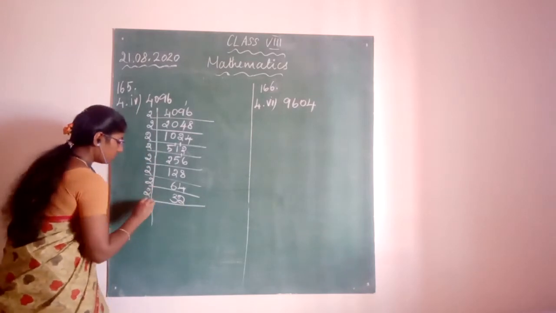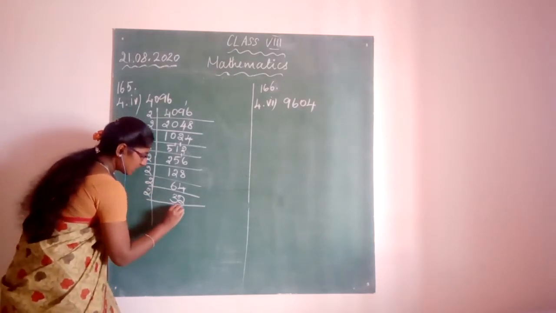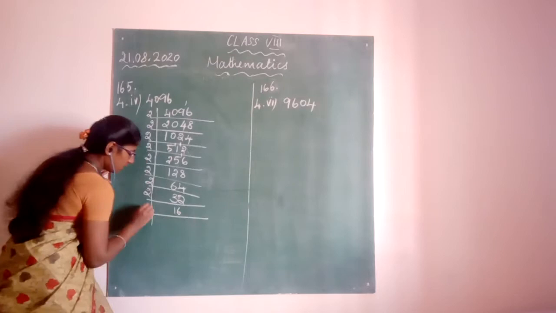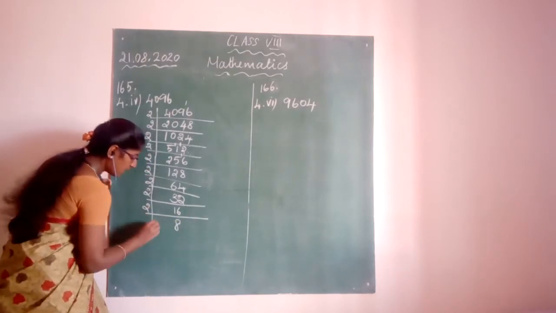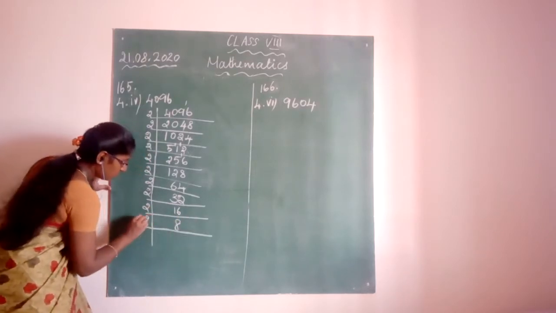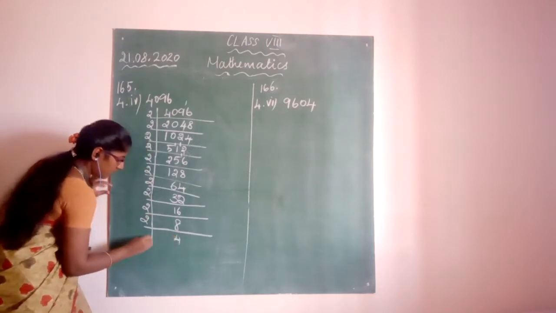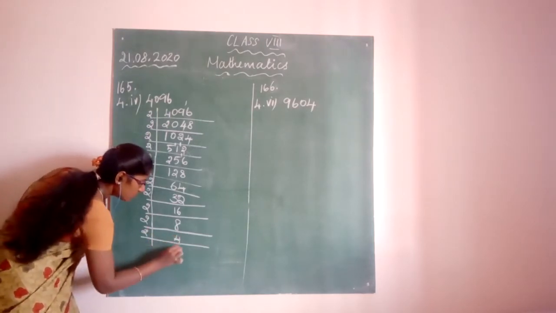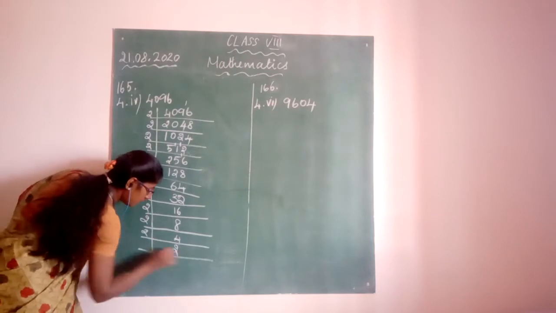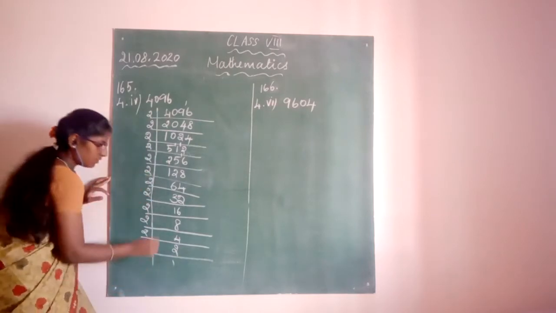Then 2 16s are 32. Then 2 8s are 16. 2 4s are 8. 2 2s are 4. Then 2 1s are 2.